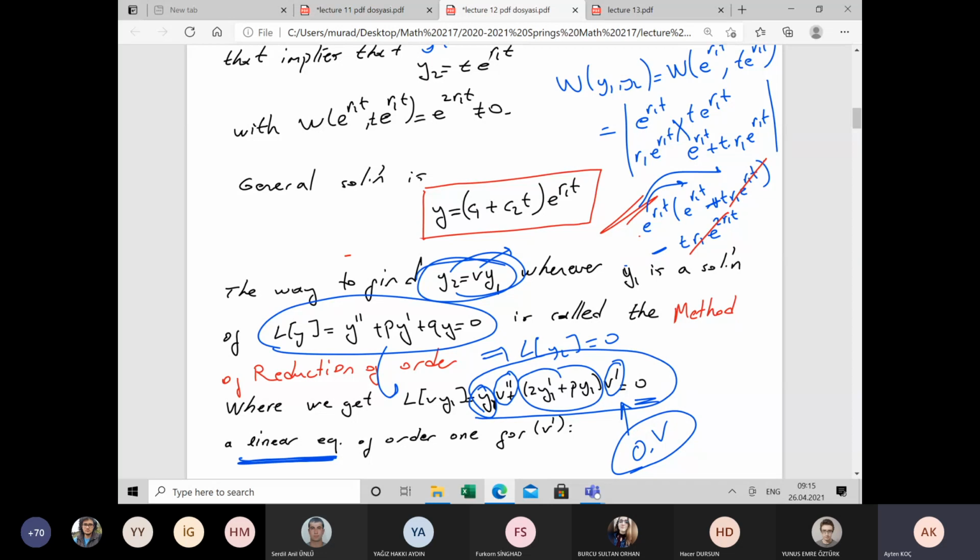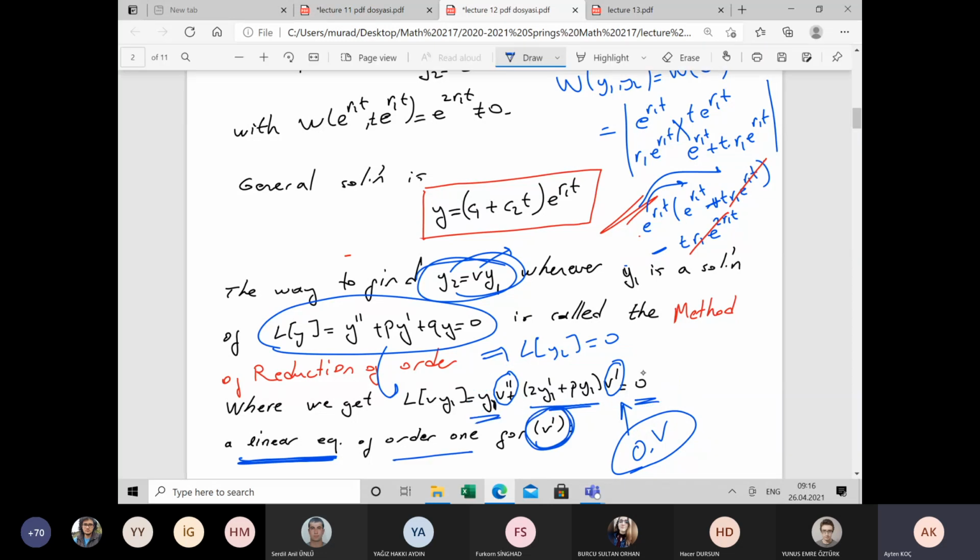Of course, identification is important for a differential equation. Look at this one: it is a second order homogeneous differential equation, second order because the highest derivative is the second.